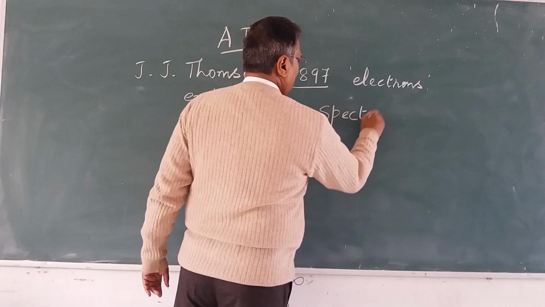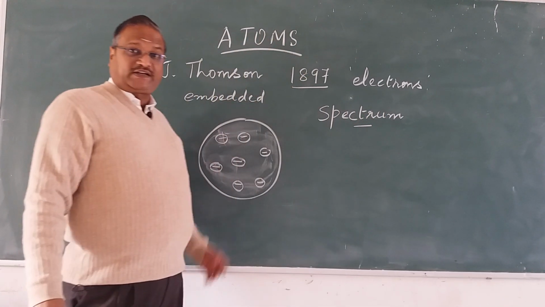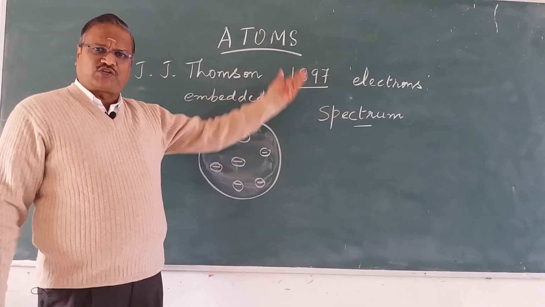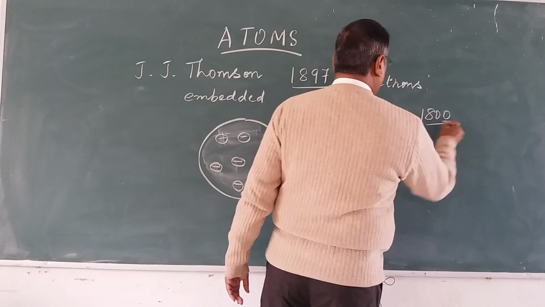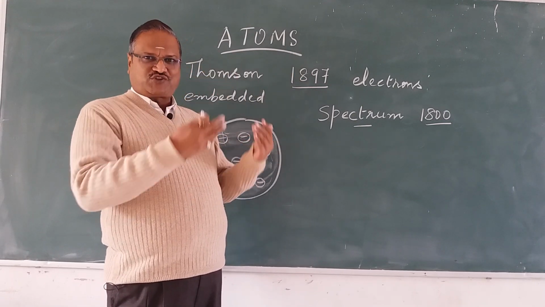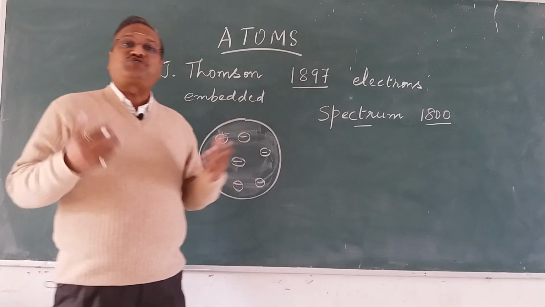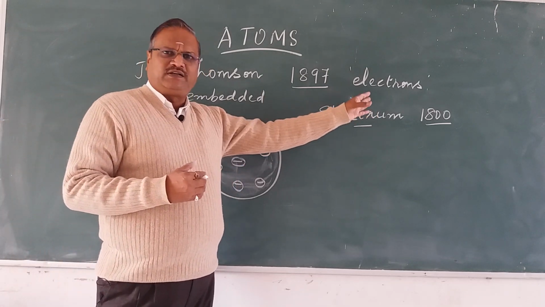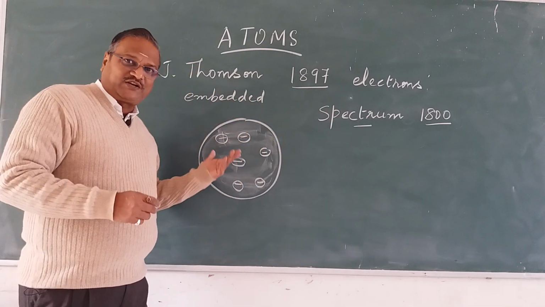Spectrum, you will be learning more about it. Spectral analysis was happening even before this. In 1800 itself, scientists were working on spectrum, because when the sun's radiations come, you can observe them on a photo plate and study them. So spectra were already available, but they did not know what an atom consists of.